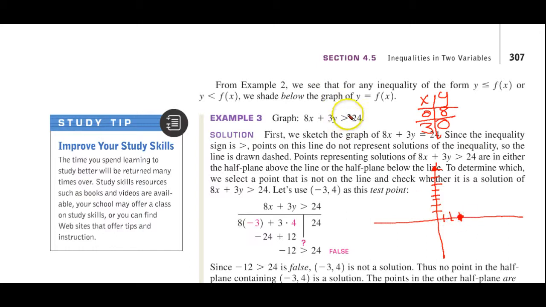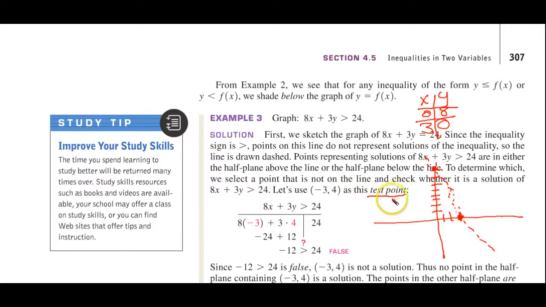Now we look at the kind of inequality sign that we have, and it's a greater than symbol all by itself. It's not equal to. So we're going to use a dotted line here. I didn't make that too well, but you hopefully get the idea. Now, the big thing is, where do we shade? Well, they're talking about a test point.